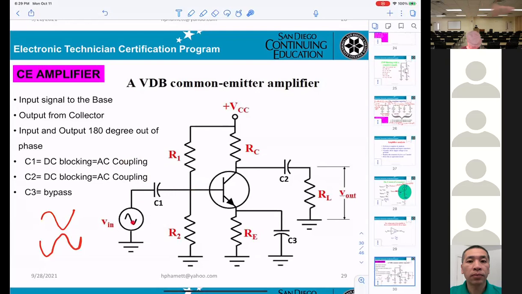Any DC voltage from the input will be blocked by C1. Why? When they amplify, they amplify your voice. So that's why they need C1. They block any DC coming from the input, and only AC they let go. So the name for C1 will be DC blocking, AC coupling.